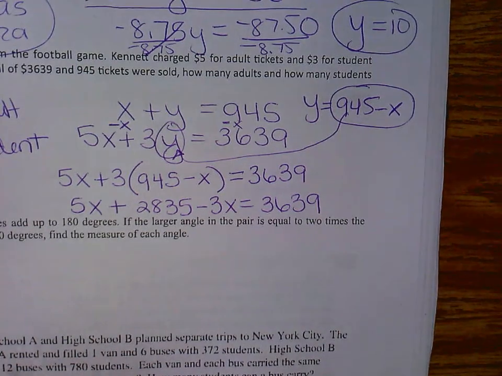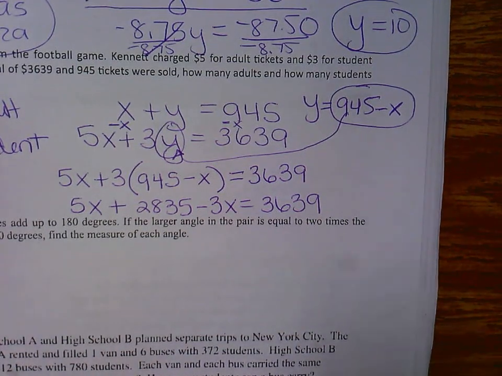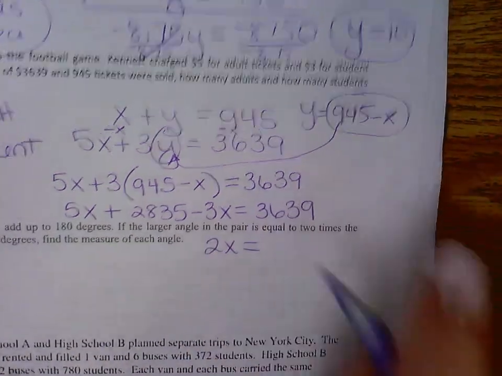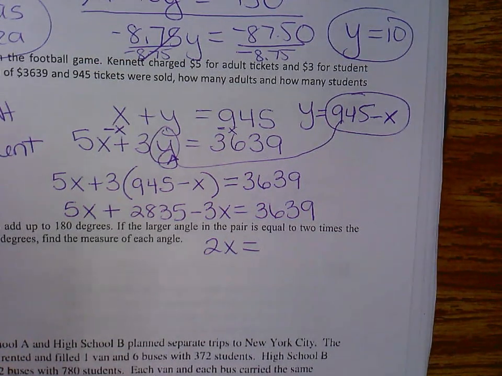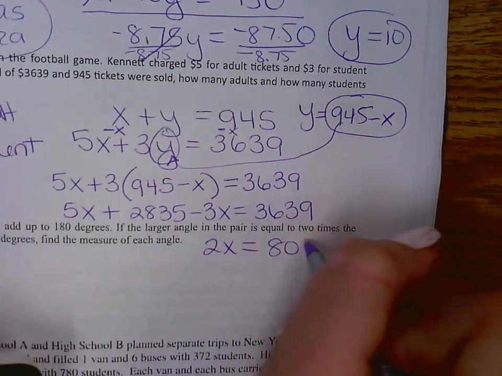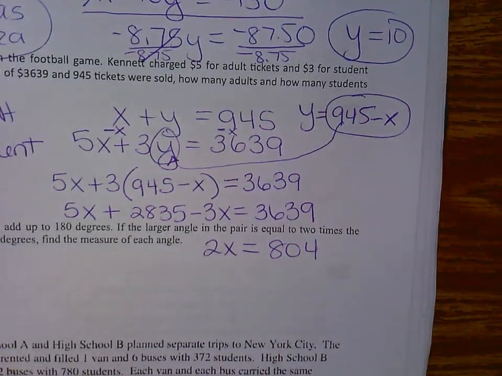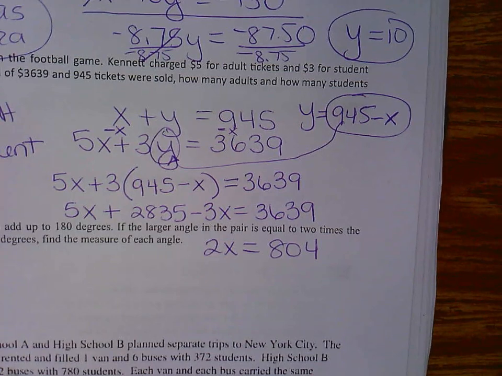Kind of ran out of room here. 2x equals, so I'm going to take 3639 and subtract 2835, 804. I just did 2 steps in one. I took 5x minus 3x, I got 2x, and then I have to subtract this to the other side of the equation. So I subtracted that 2835 to the other side of the equation.